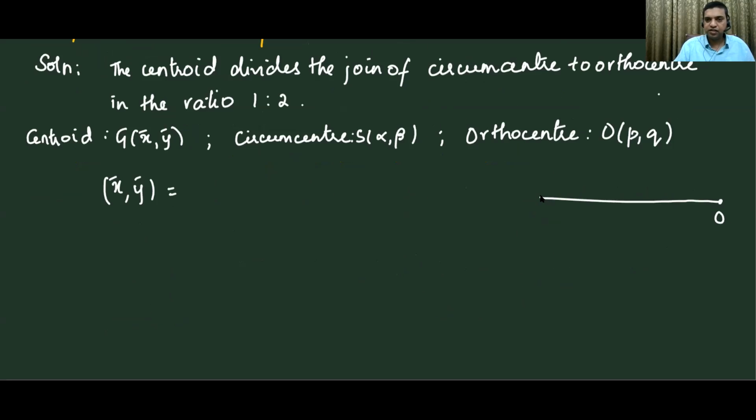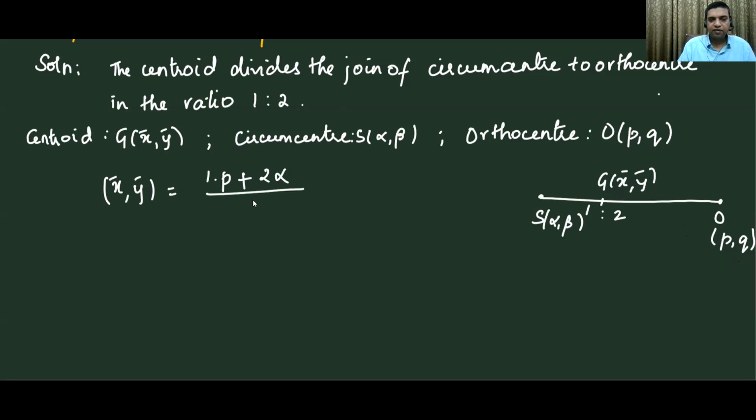This is O, this is S, this will be G. So x bar will be, with the ratio 1:2, 1 times p plus 2 times alpha by 1 plus 2, that is 3.